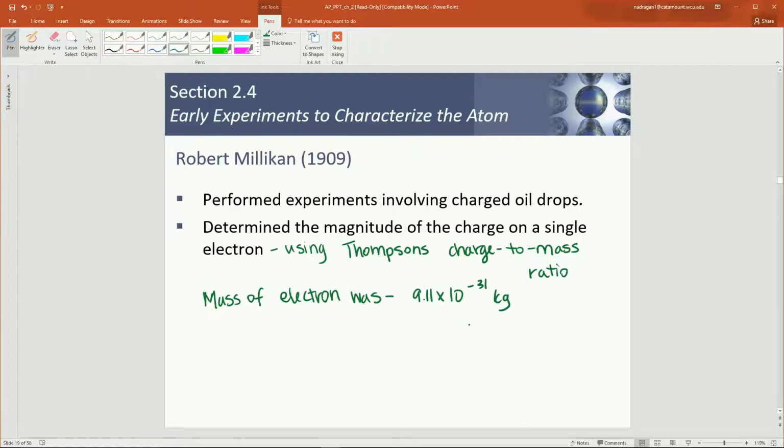The important thing to remember about this experiment is that he was able to determine the mass of an electron, and from Thomson's experiment that there were negatively charged particles, which we now know are electrons.